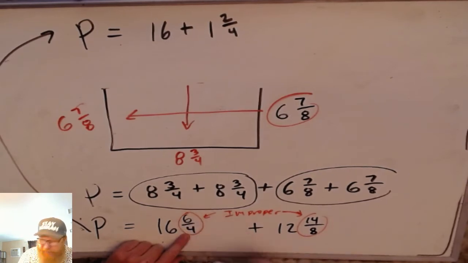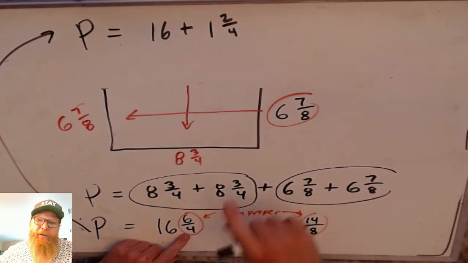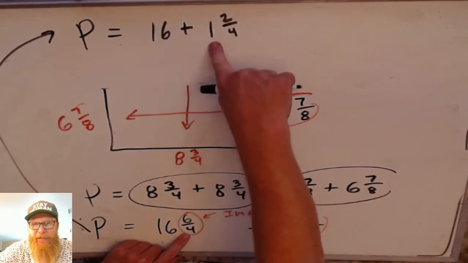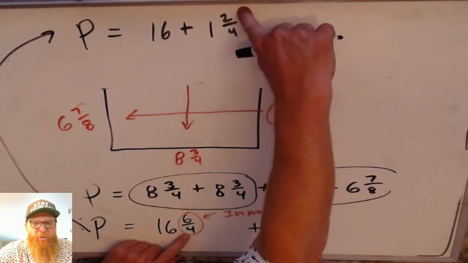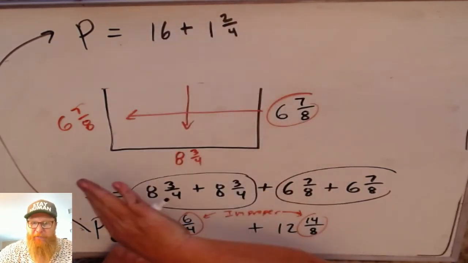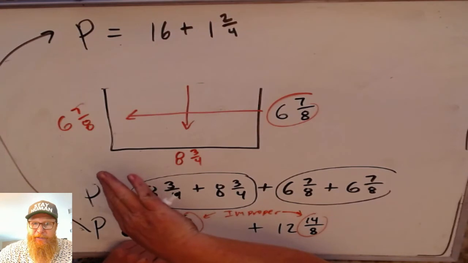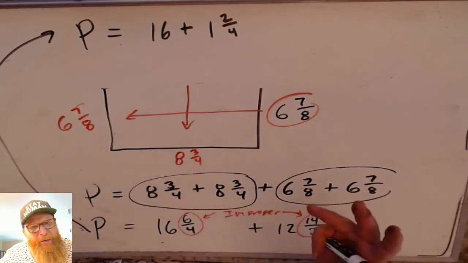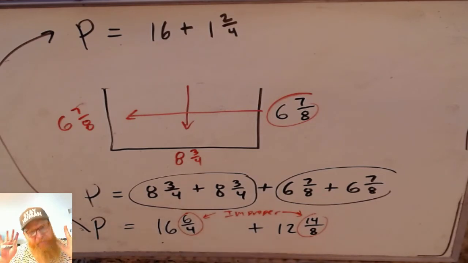And again, I'm really starting to step up the mental math here. Look, 4 goes into 6 one time with a remainder of 2. So it's 1 2/4. I'm going to simplify that at the end. If you simplify it too soon, you might end up having to do extra work later on. So it's always better to wait until the very end and then do all your simplifying at the end.